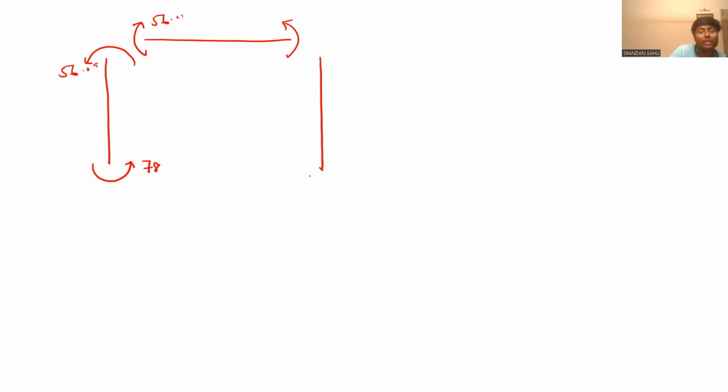Now this is minus 78, this will also be anti-clockwise, minus 56 also anti-clockwise. I did it in some arbitrary way.